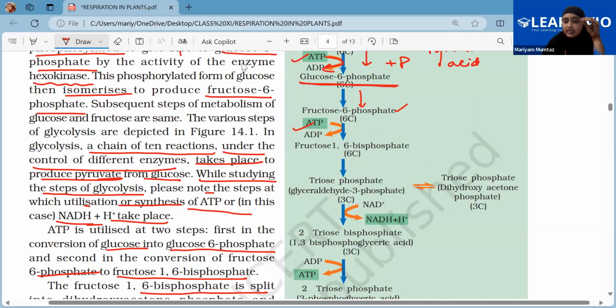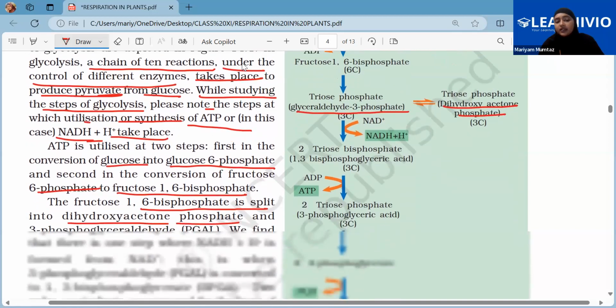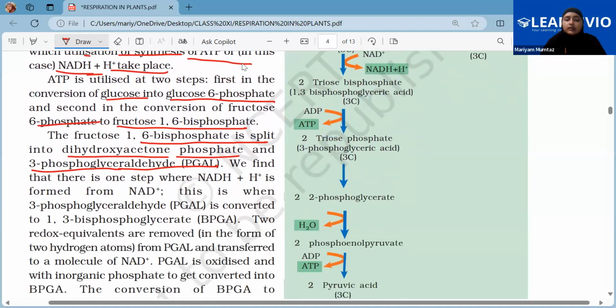Then this is broken down, because fructose and glucose are both 6 carbon compounds, so they can be broken down into 2 molecules of 3 carbons each. So that is glyceraldehyde phosphate and dihydroxyacetone phosphate. These two forms are interconvertible, they can be converted into each other, and both of them are 3 carbon compounds.